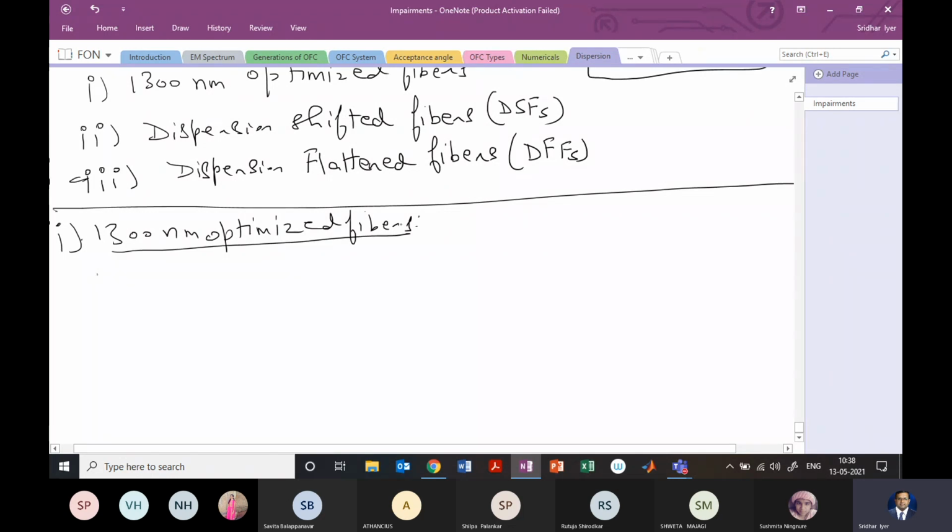These are the most popular single mode fibers. These are all single mode fibers. These are most popularly used, and these are near step index fibers.